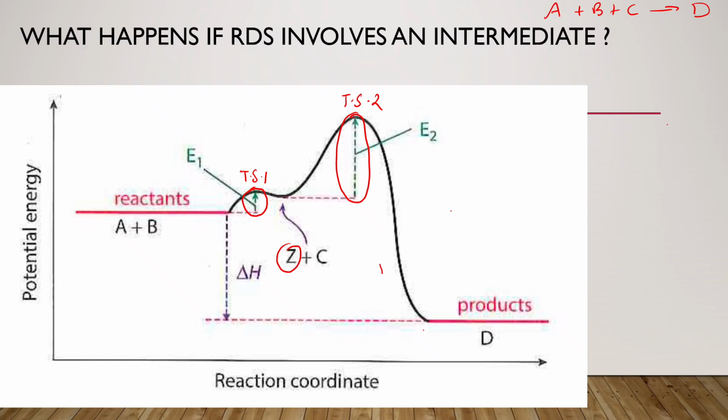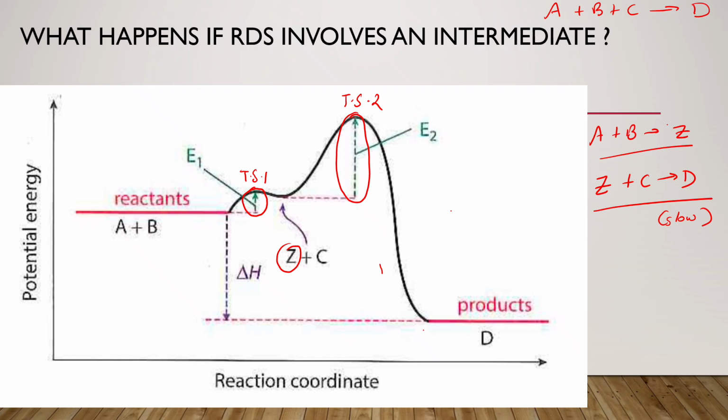Okay, so by again comparing the activation energy of step number 1, which is basically A plus B gives Z, and step number 2, which is Z plus C gives D. If we compare the activation energy of these two steps, the conclusion is that the second step is actually the slower step because the activation energy for the second step is much higher.